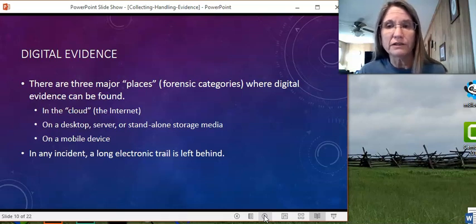In any event, with any incident that might occur, there is going to be a very long and probably very rich electronic trail left behind. The key is knowing how to find it and how to use it.